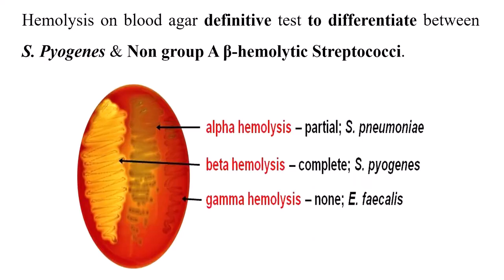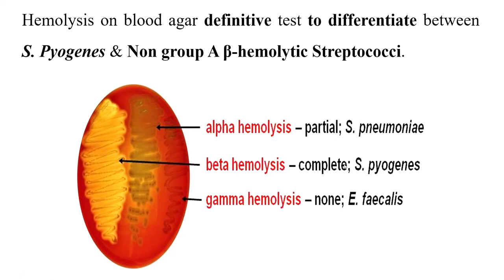Why do we apply culturing on blood agar for streptococcus identification? Hemolysis on blood agar gives us a definitive test to differentiate between Streptococcus pyogenes and non-group A beta hemolytic streptococci. As we see here, alpha hemolysis is partial hemolysis and gives a green discoloration around the colony, such as Streptococcus pneumoniae.